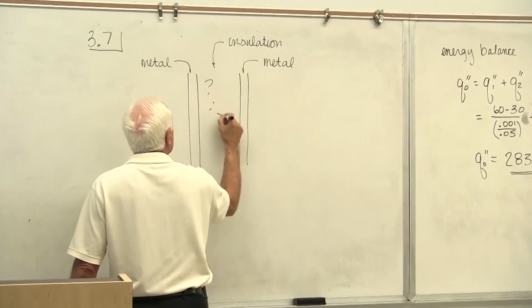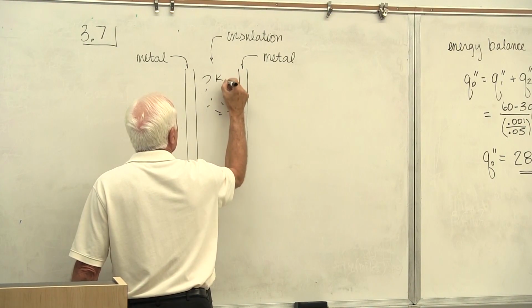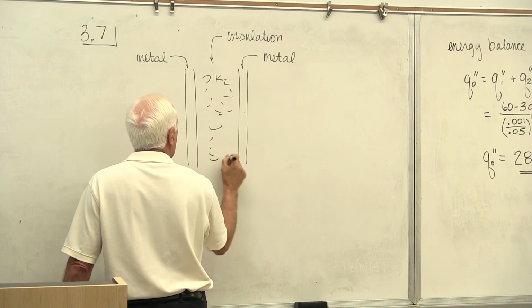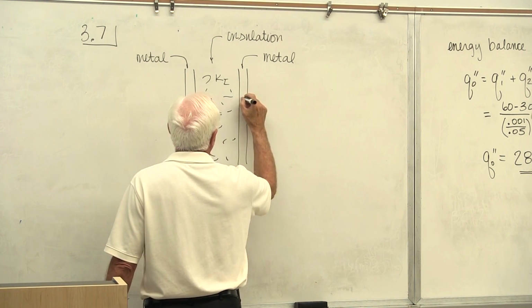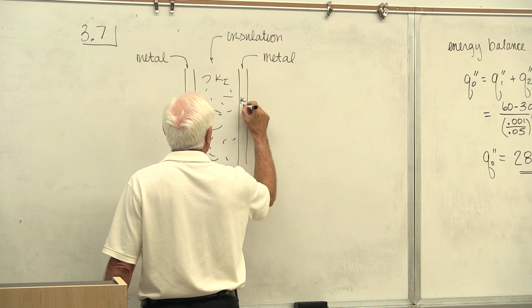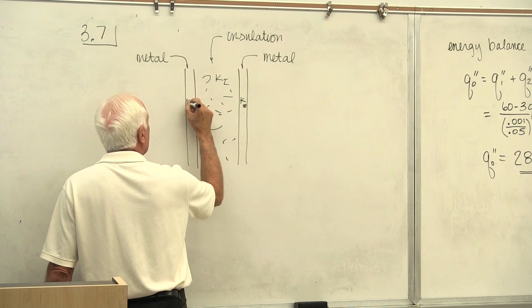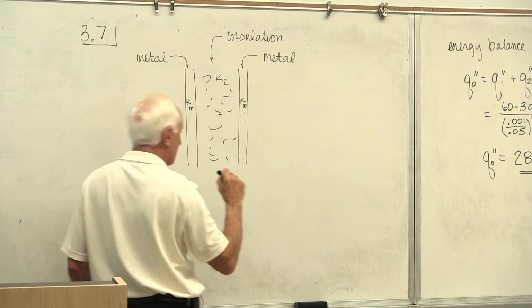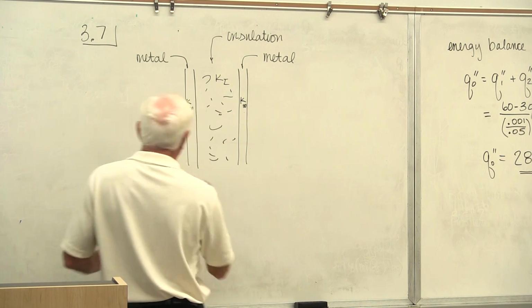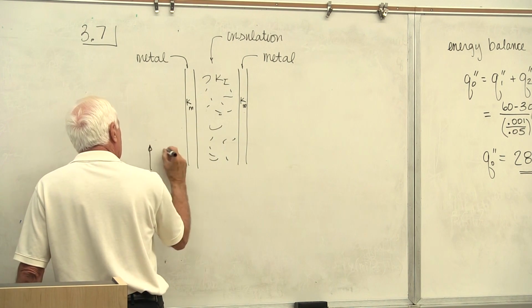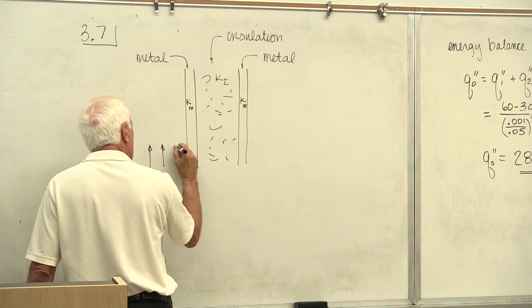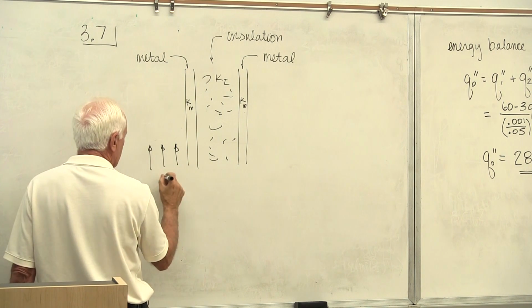All right, so here's the insulation, K insulation, and here's the metal panel, K metal, metal panel, K metal. Of course, in your kitchen, there is air moving. There will be convection heat transfer.